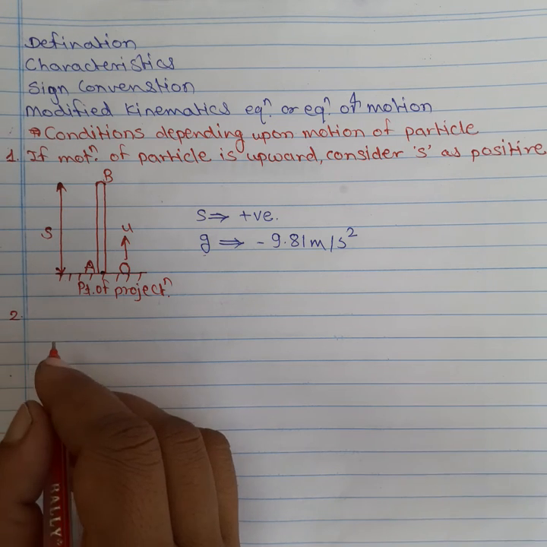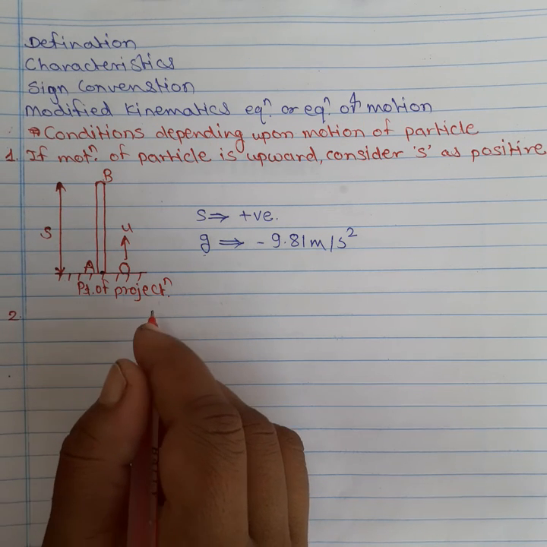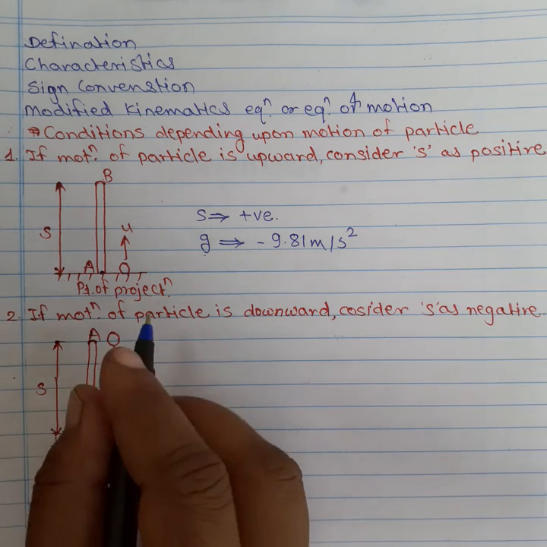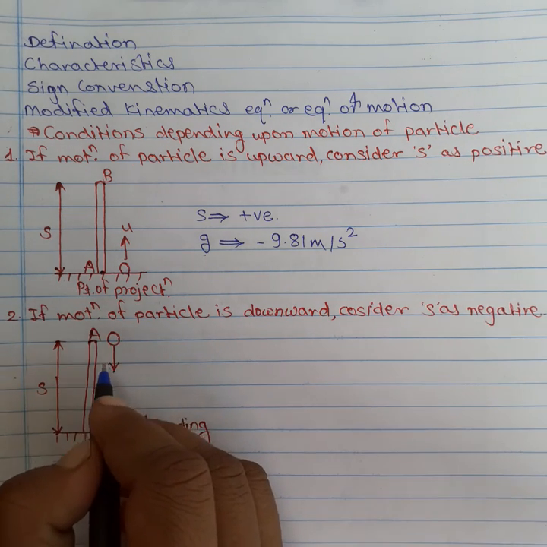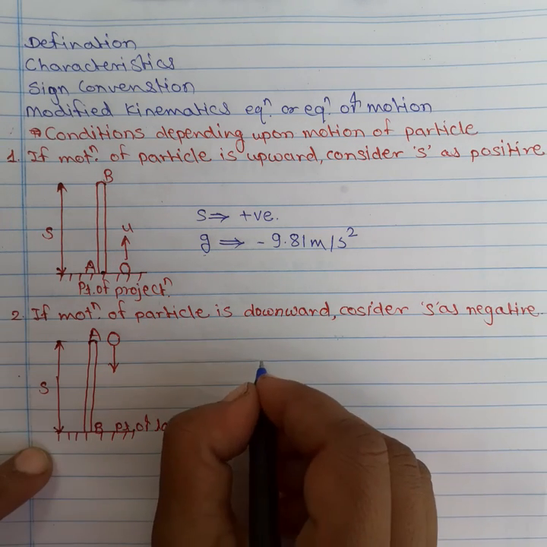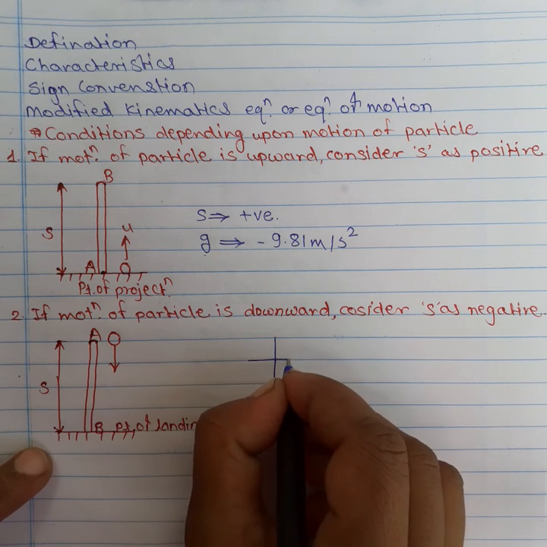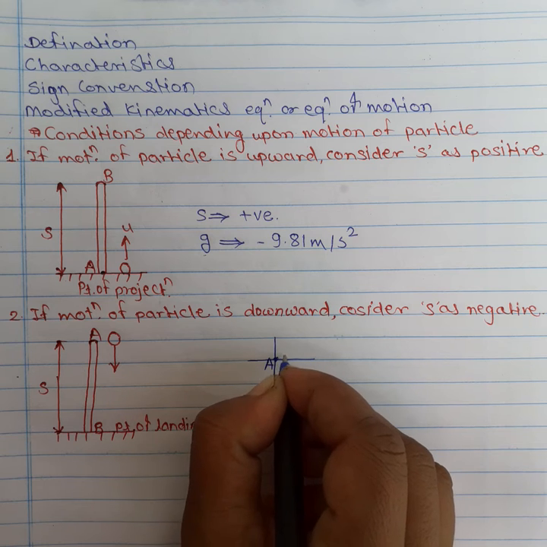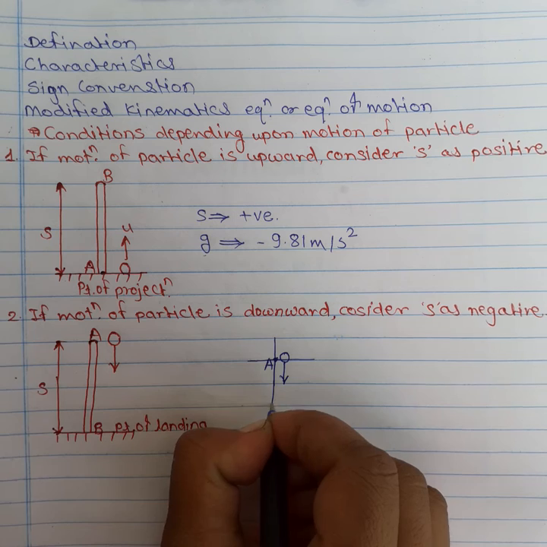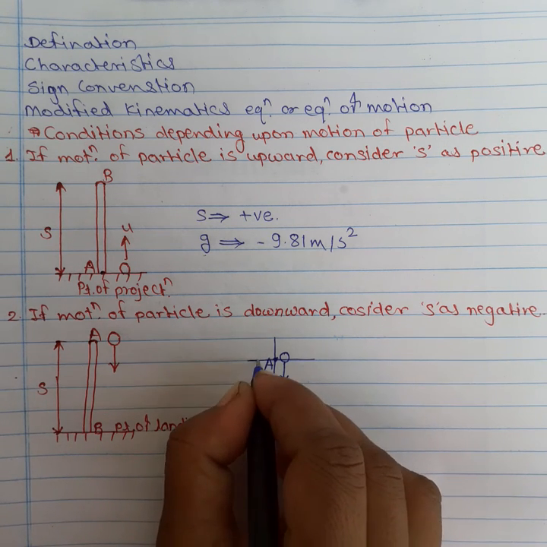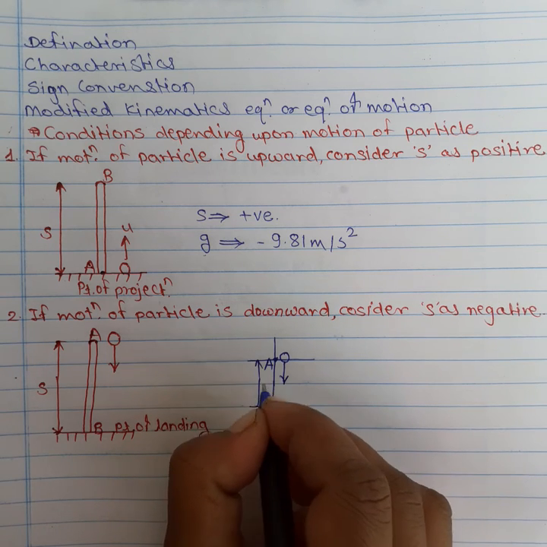The second condition is, if the motion of the particle is downward, consider S as negative. Here the motion of this stone is from A to B. In the x and y directions we have to consider, if a stone is thrown vertically downward, what is the sign of that displacement?